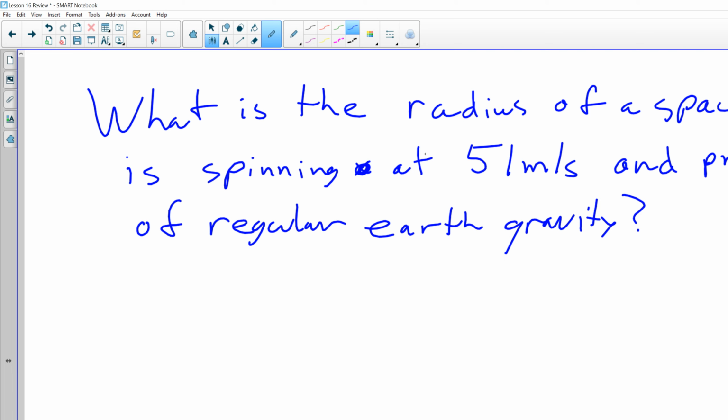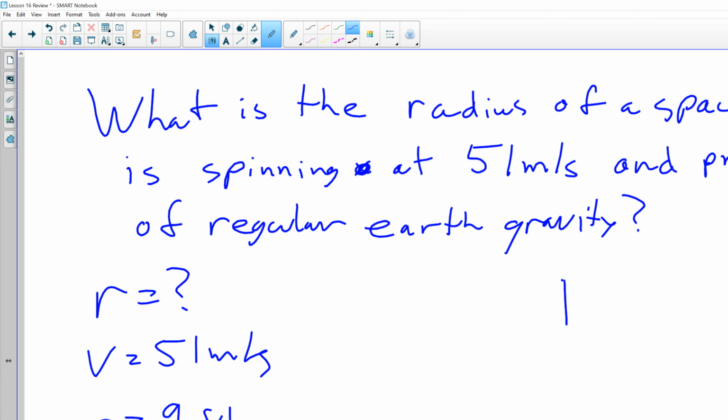Okay, so that would be an artificial gravity question. Here's what we know. We're looking for the radius of the space station. We know that it is spinning at 51 meters per second, and it's producing a feeling of normal Earth gravity.